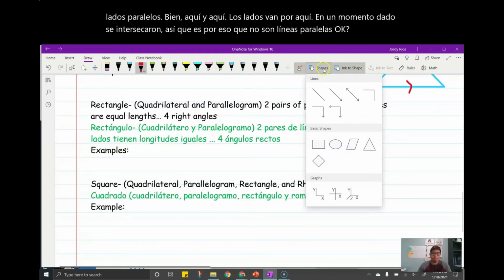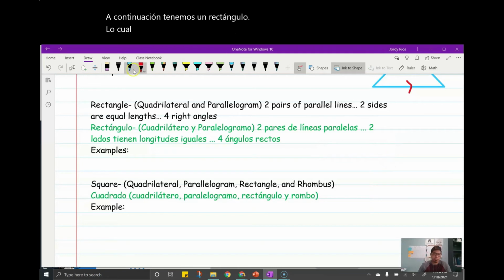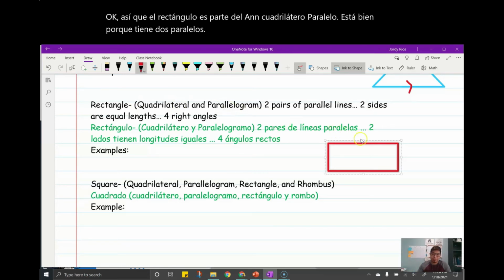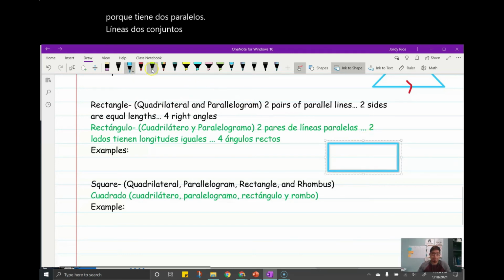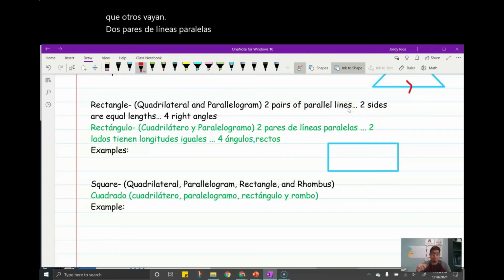Next we have a rectangle, which we've all seen. A rectangle is part of the quadrilateral and parallelogram because it has two sets of parallel lines. It has two pairs of sides that are equal lengths, and four right angles.